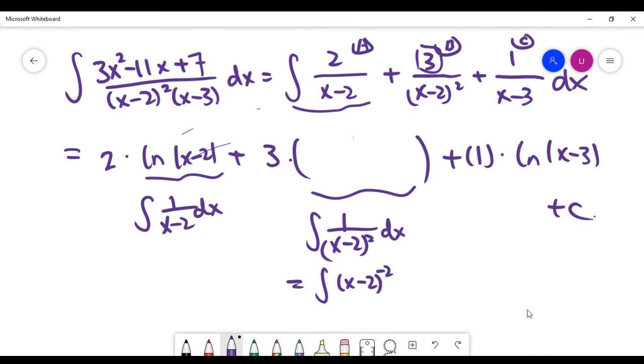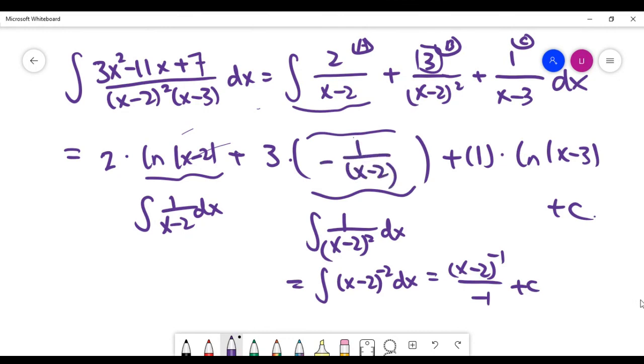Now we can take it in the form that we can write it as the exponent minus 2 instead of looking at it through fractions. And by the power rule, we understand the answer is just like this. So it means that inside the bracket, the answer is minus 1 over x minus 2. And that's the answer to the whole problem here.